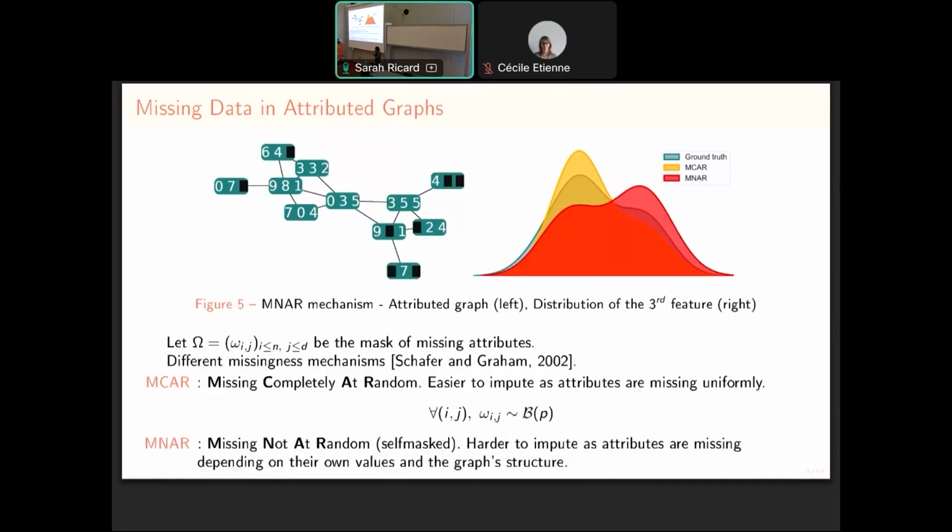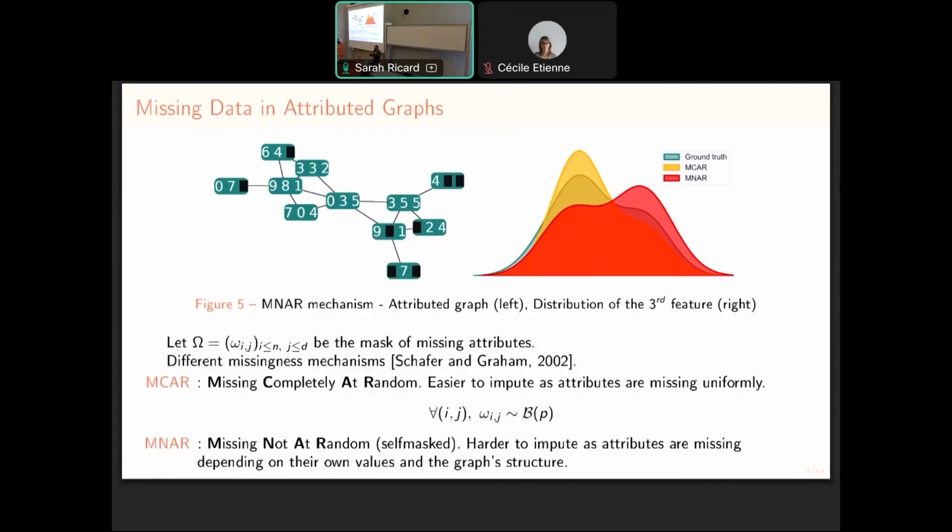And in contrast to that, we have the other extreme scenario. This is missing not at random. And this is when, for example, younger users won't tell their age, or people with the highest salary won't tell their salary, or some properties about atoms, like the smallest atoms wouldn't be visible in an image or something like that.